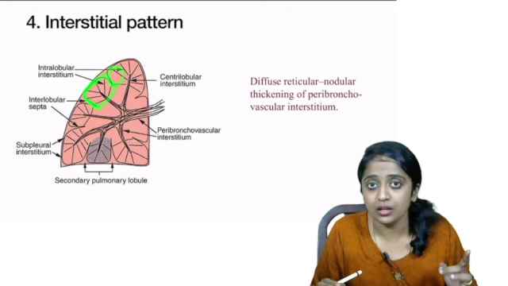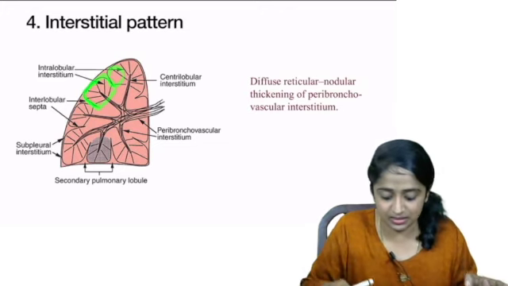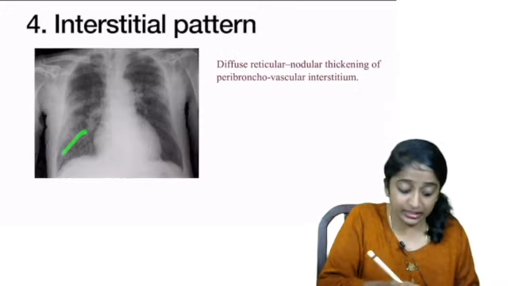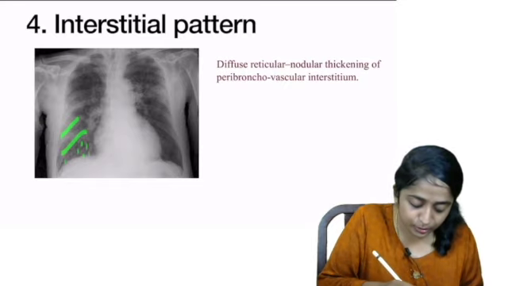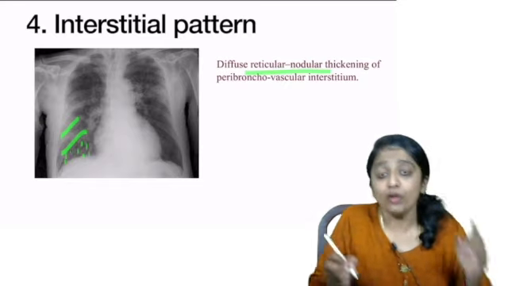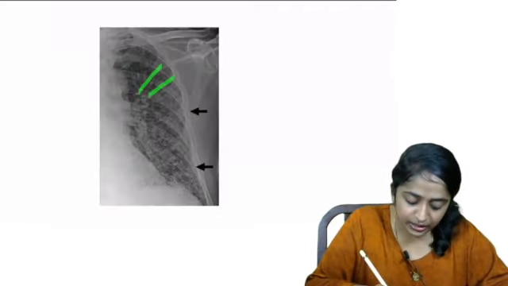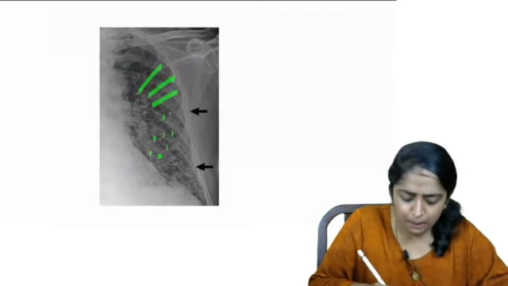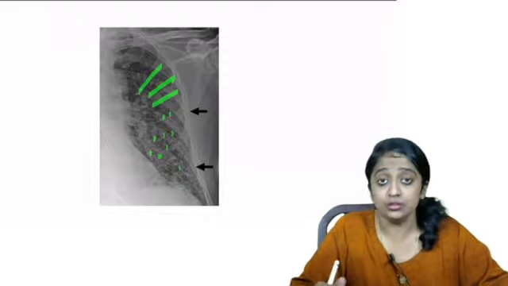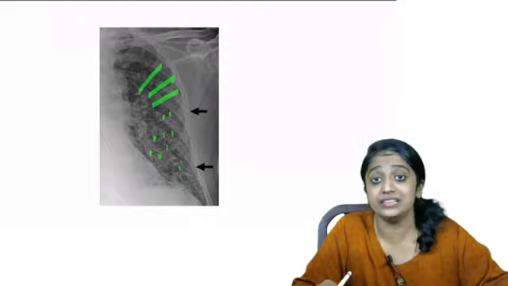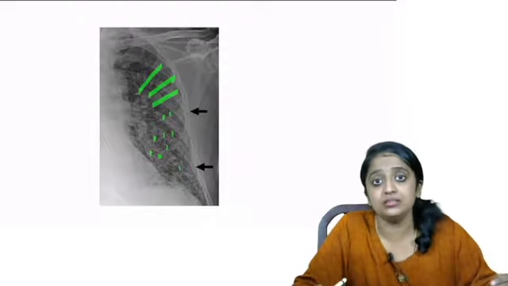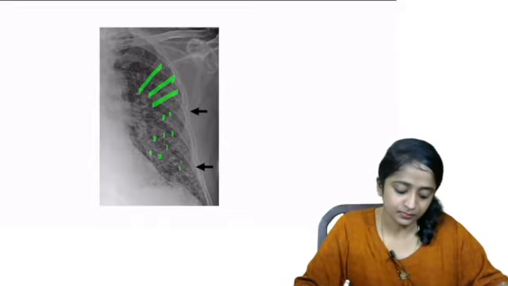What will happen? There will be interstitial opacities like this, linear shadows and multiple nodules. So you typically get reticulonodular opacities. The zoomed-in view shows linear shadows, and also you are getting multiple tiny opacities. So diffuse reticulonodular opacities are yet another described pattern in COVID-19.